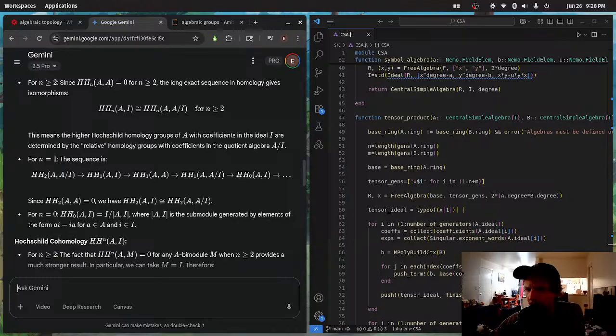Since HH2 of (A, A) is 0, we get some isomorphism here. One of these is off, right? HH2 of (A, A) is 0, which means that HH2 of (A, I) is isomorphic to HH3 of (A, A mod I).